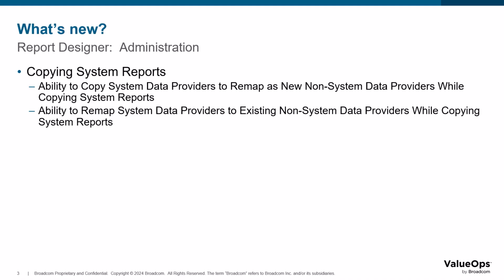And second, if they have some existing non-system data providers that they want to use in this new report copy, they can map that data provider in the place of an existing system data provider.